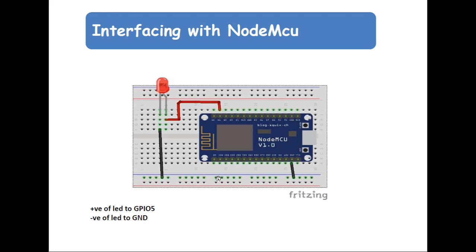Here, for your information, it is connected with GPIO pin number 5, but actually it is the D1 pin. D1 is the representation on the board, and as per the GPIO representation it is pin number 5. You can go with either manner, but my suggestion is to go with the board representation, where D1 is easily identified, and that particular pin is connected with your LED.